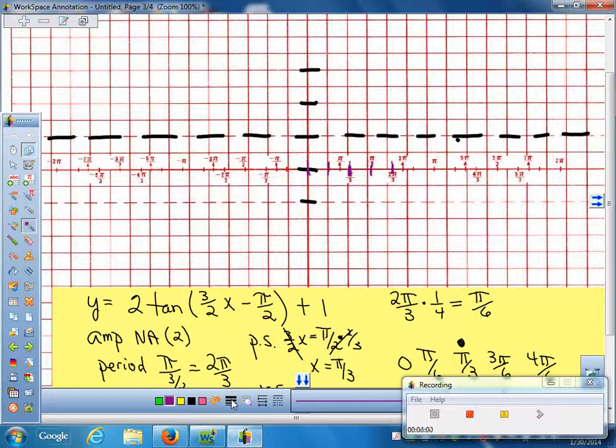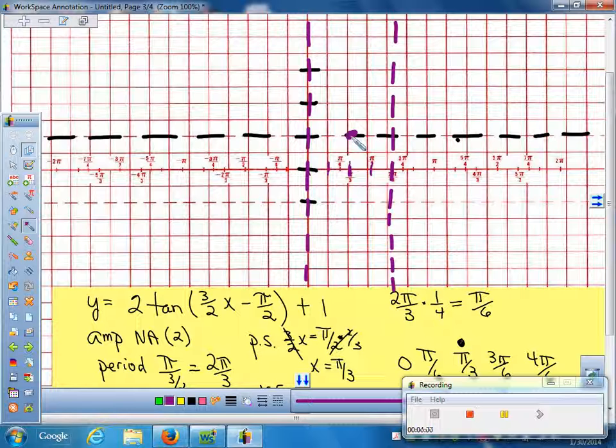So when I go to plot it, I have asymptotes then on these endpoints. Where's the center? Pi over 3, but it's up here on the new axis. That's the center point. Okay, now this tangent rise or fall?